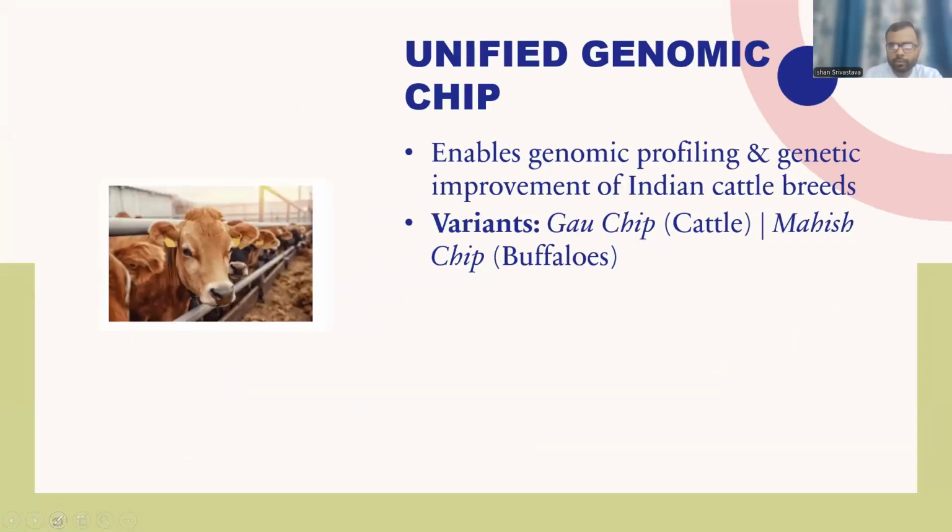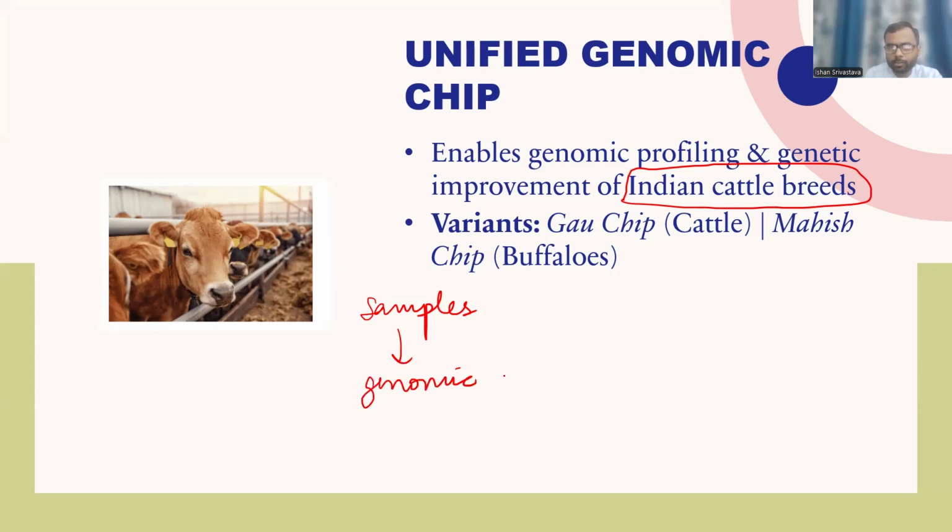Let's move on to the next one, which is the unified genomic chip. Let's first look at the goal. Your goal is to enable better productivity of Indian cattle breeds. So you're taking samples from the cattle and testing them using a genomic chip.